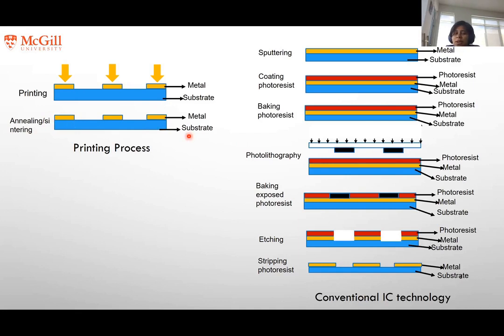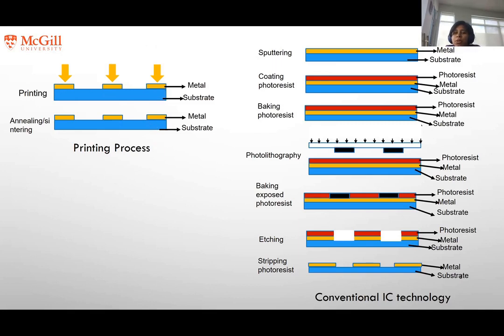This is the cross section of the device that we want to make. If you want to make it with a printing process, we take the substrate and deposit the metal ink wherever we need it. And then we do annealing or sintering of that to complete the process. So you can see there are only these two steps.